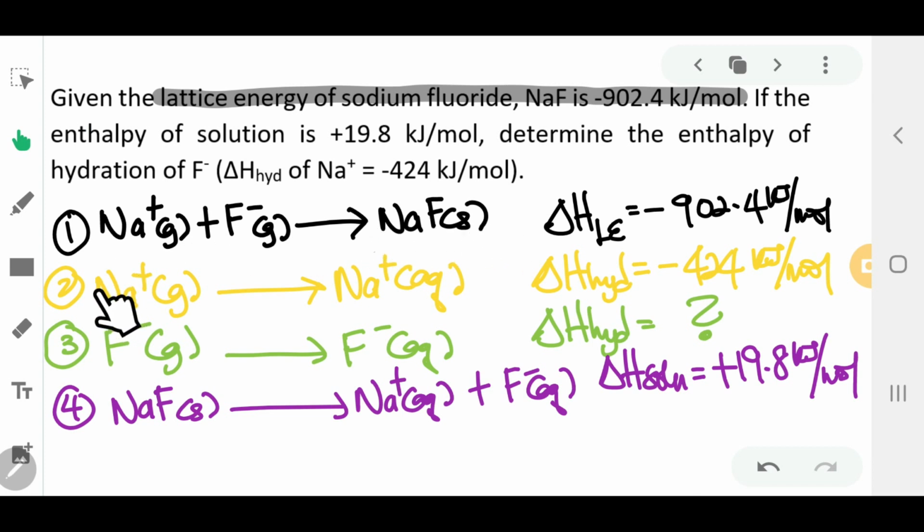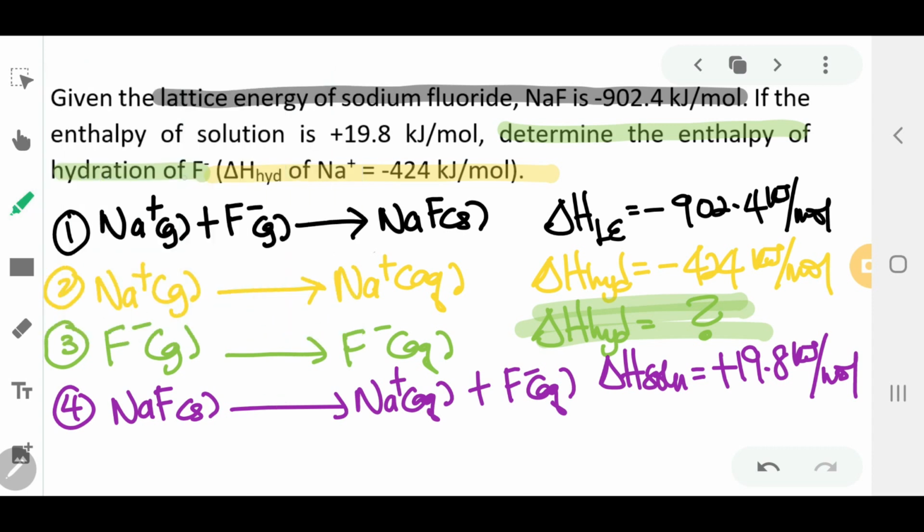Moving on to yellow, green, and purple. Number 2, yellow. This is the hydration process of sodium plus, right here. And the one in green is the one that we need to find. We need to find the enthalpy of hydration of F minus. So that's why we do not have the value over here yet.